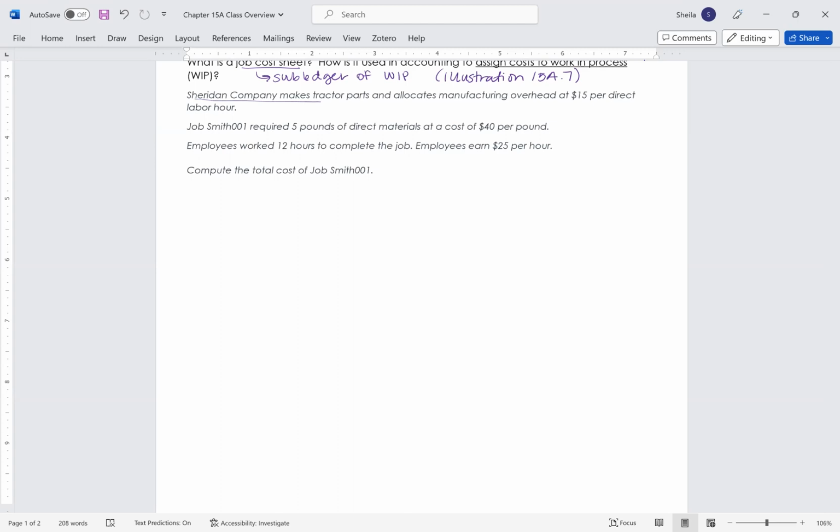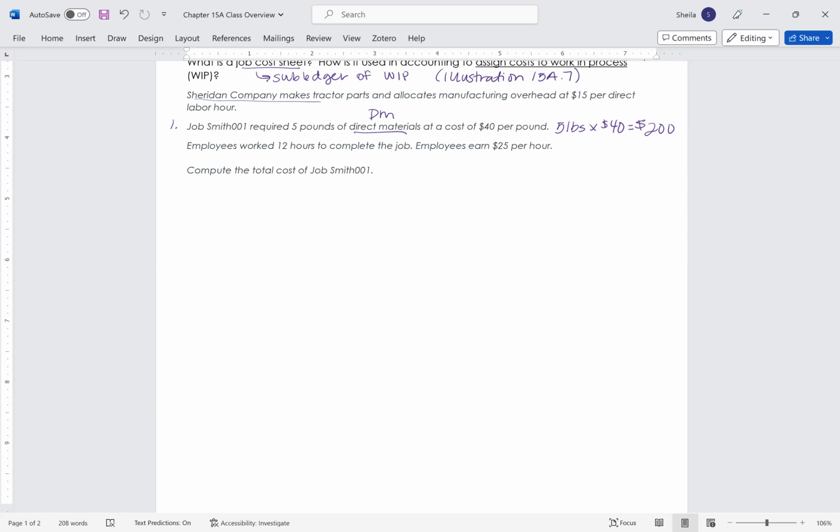On our job cost sheet, I actually want to start with this particular job. For Smith 001, it requires 5 pounds of direct materials. Those 5 pounds of direct materials have a cost of $40 per pound. So when we think about the cost to the job, we're going to take 5 pounds times $40 a pound, and that's going to give us our amount of direct materials.